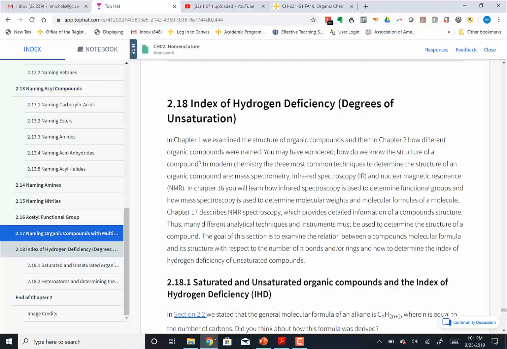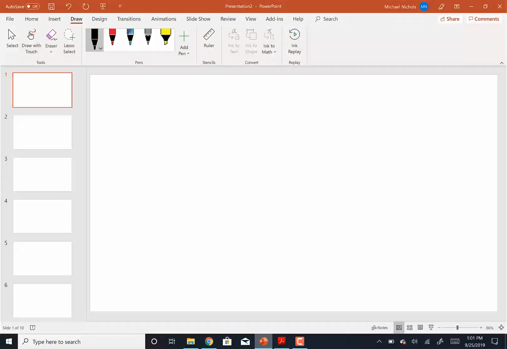So either term, this is a way to get quite a bit of information from just the molecular formula. If you have nothing other than the molecular formula of a molecule, you can tell quite a bit about it, using the degrees of unsaturation or the index of hydrogen deficiency.